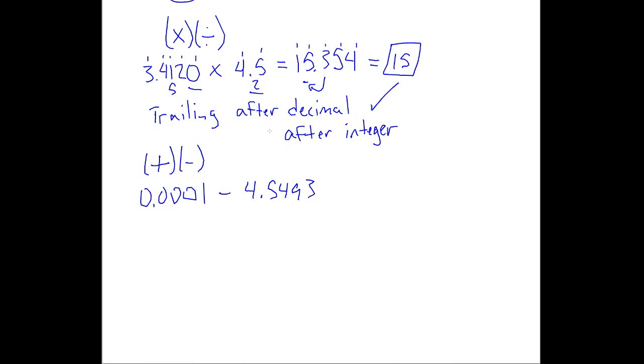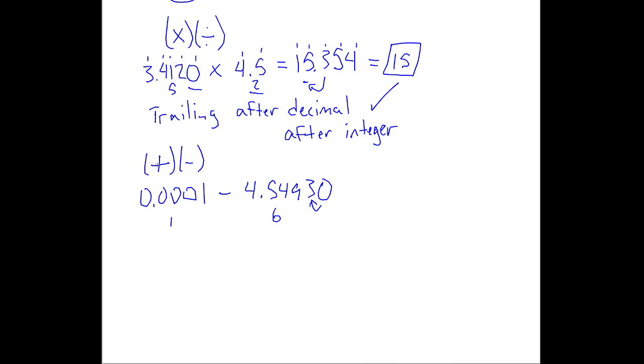They need to be after the decimal and after an integer. An integer is any number that is not 0. So if we look at these zeros, yeah, they're after the decimal, but they're not after any integer. So this number only has one sig fig. This number has 1, 2, 3, 4, 5 sig figs. If I added a 0 over here, it would jump to 6 sig figs because this 0 is after the decimal and it's also after an integer.